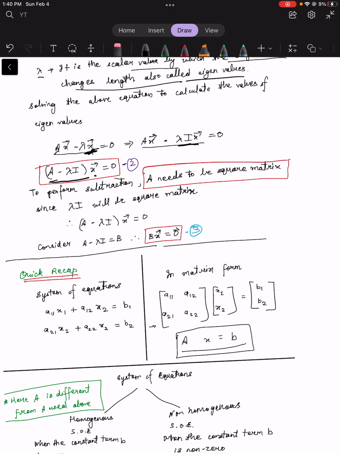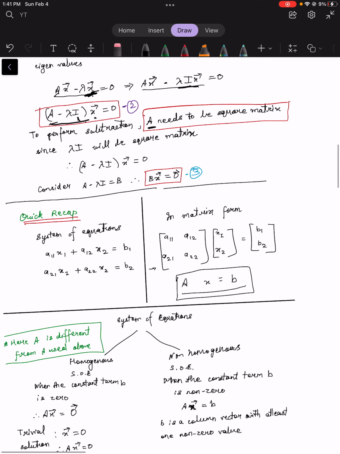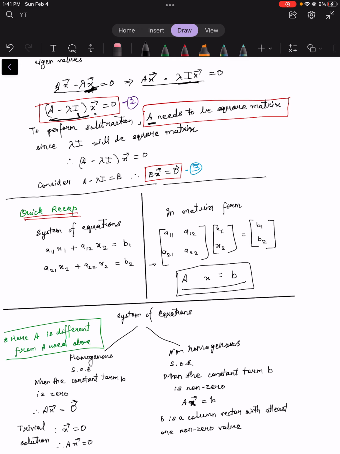To perform this subtraction, we know that I is an identity matrix and it is a square matrix. Therefore A also needs to be a square matrix. Therefore we get (A minus lambda I)x = 0. Now we can write A minus lambda I as B. Therefore the equation becomes Bx = 0.